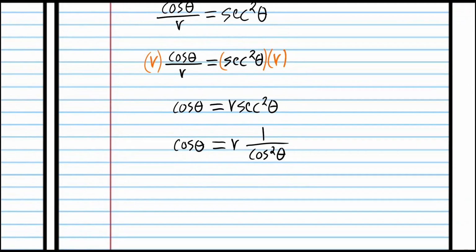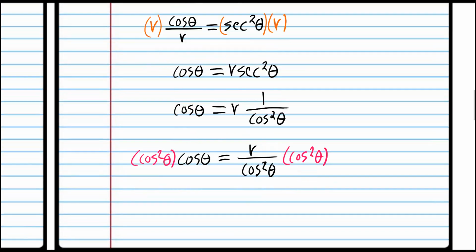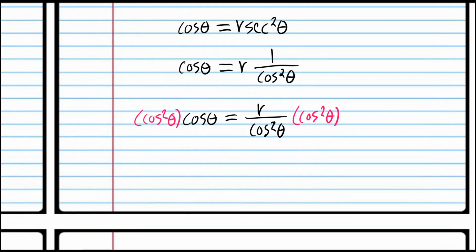So then I'm going to multiply both sides of the equation by cosine squared. And we get r is equal to cosine cubed theta.